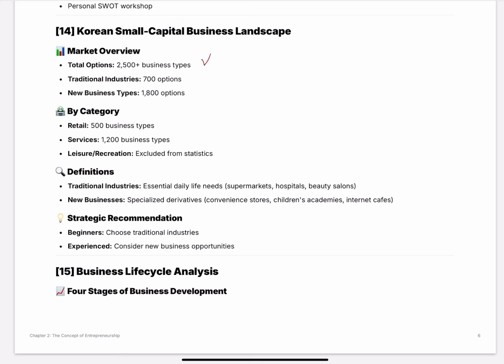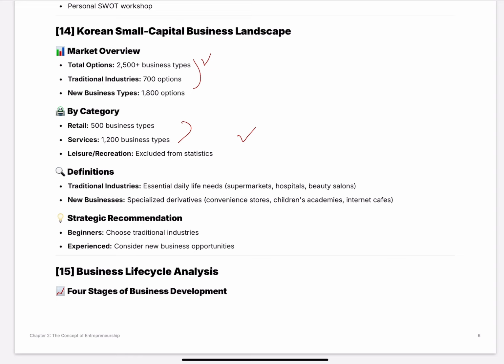These break down into 700 traditional industries and 1,800 new business types. When we look at categories, we see 500 retail business types and 1,200 service business types. The leisure and recreation businesses are often tracked separately in these statistics.